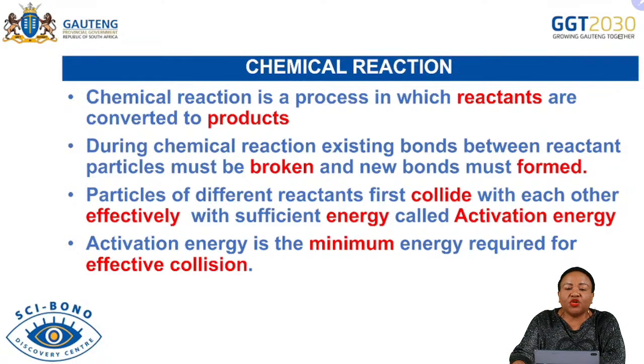The particles of the reactants, even though they can collide, if the sufficient energy for them to have an effective collision is not available, it means no chemical reaction will occur. Therefore, you need to know that for any chemical reaction to occur, we need effective collision that will be provided by the sufficient activation energy.